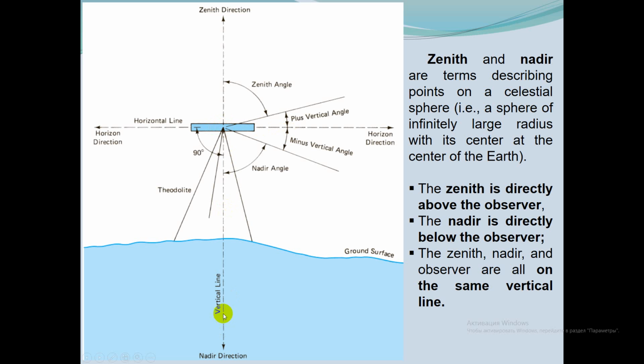The zenith is directly above the observer and the nadir is directly below the observer. Zenith, nadir and observer are all on the same vertical line.